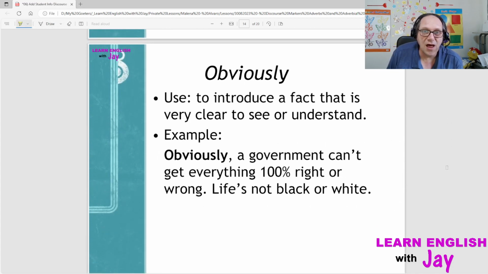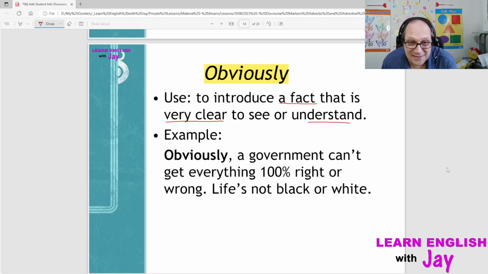Next one, obviously. Oh my gosh, I can just see a teenage girl going obviously and rolling the eyes. But obviously is there to introduce a fact that was very clear to see or understand. Okay, so this is especially with arguments, when we're arguing a point, like for example, debating a point.